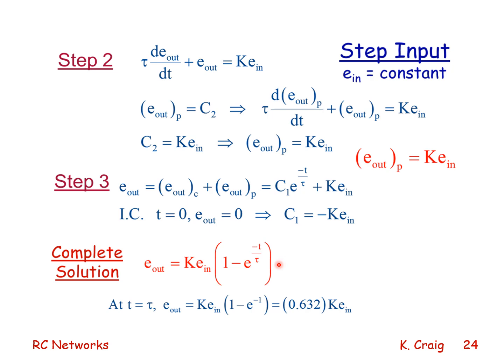And I can see that when t is equal to tau, this becomes 1 minus e to the minus 1, which is 0.632. The steady state value for E out is K times E in. And at t equal to tau, the solution is 63% of the way to steady state.